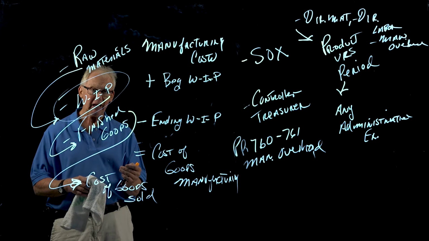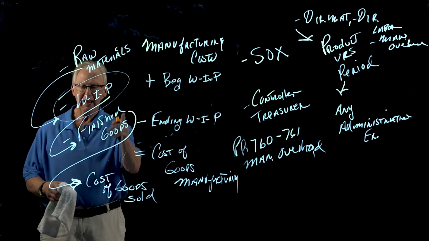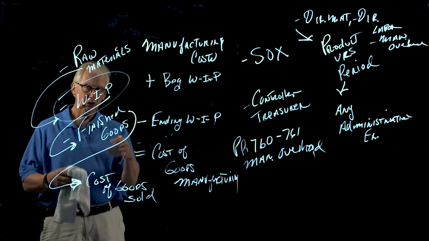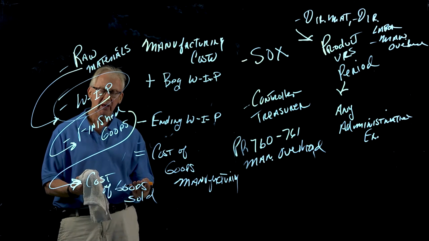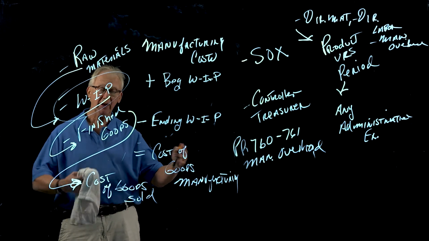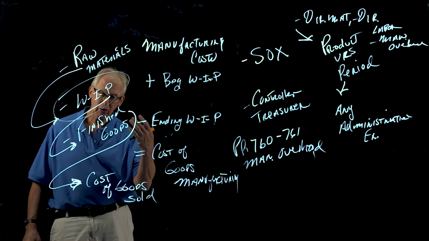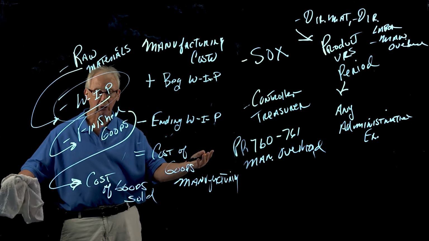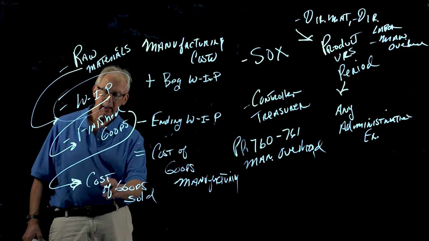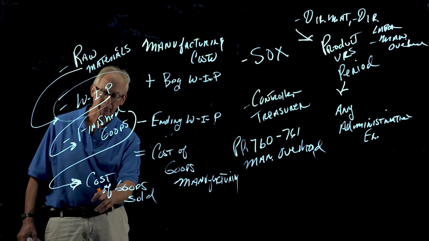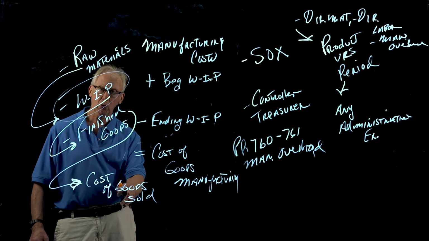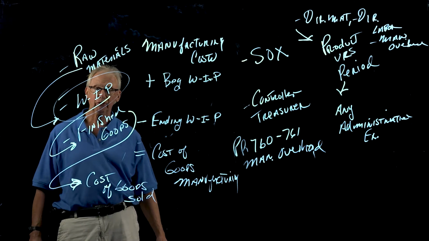Once the job gets finished and completed, it moves into finished goods. You can look at finished goods as the warehouse that houses all the completed jobs. The products are all sitting in finished goods, and then when it gets sold, it goes to cost of goods sold and gets expensed on the income statement.